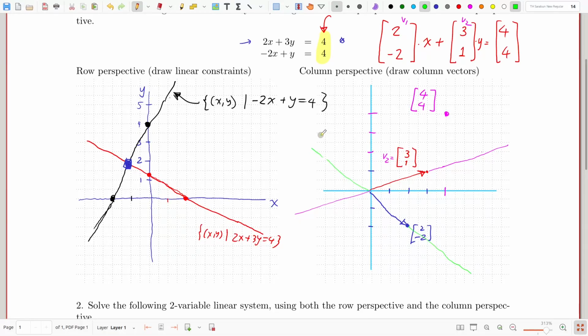So how can you reach this point? You would basically need to scale V2 to this, and then you need to scale V1 by some negative number so that you can move along that.